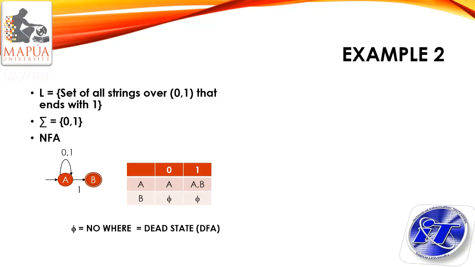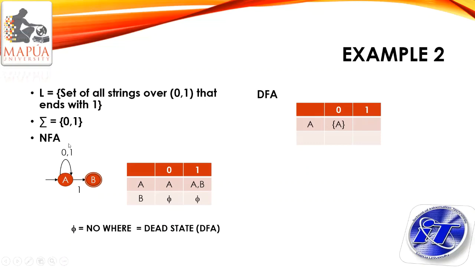Okay? So from this NFA table, let's convert it to a DFA transition table. Let's start with A. If it's 0, it will just go to A, and if it's 1, it will go to AB.